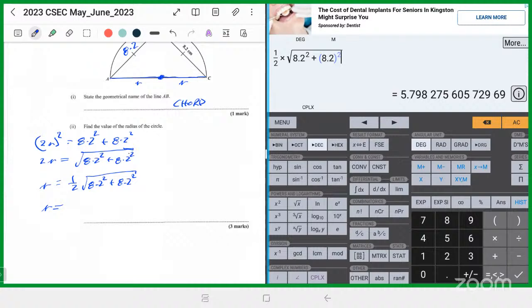I'm getting 5.798. This is about 5.80 centimeters. That's doing it one way.